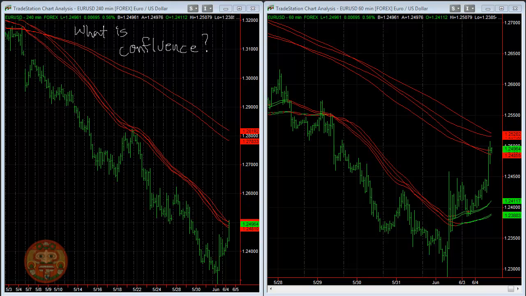It talks about moving averages, trend lines. So confluence is when multiple factors come into play. Multiple factors come into play at the same place at the same time.